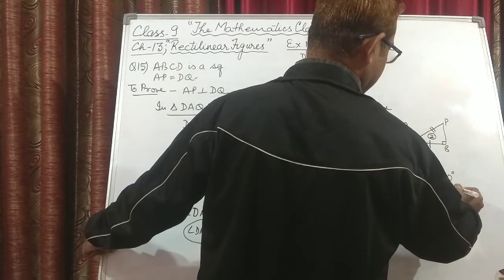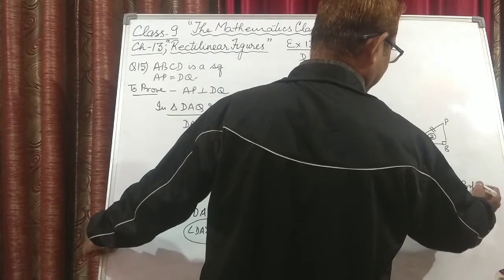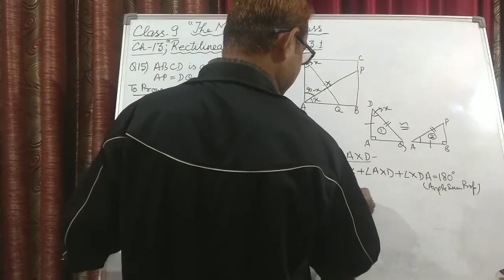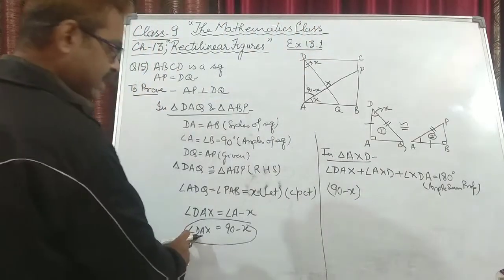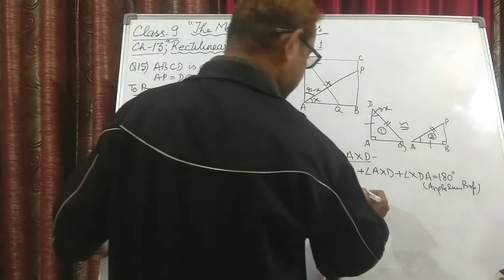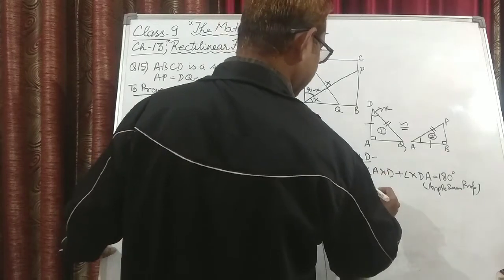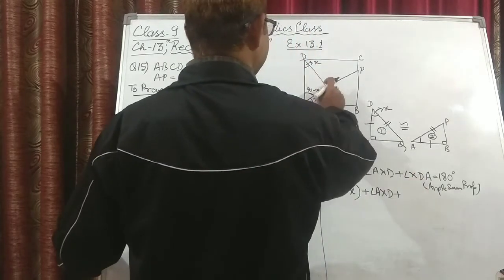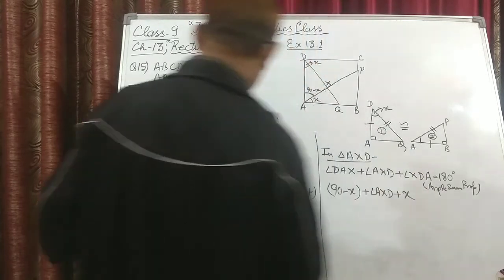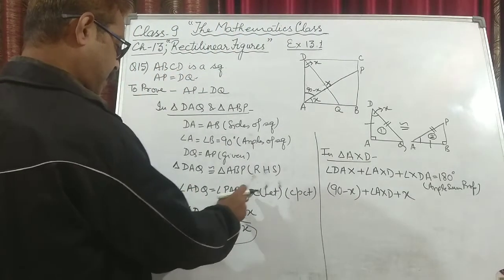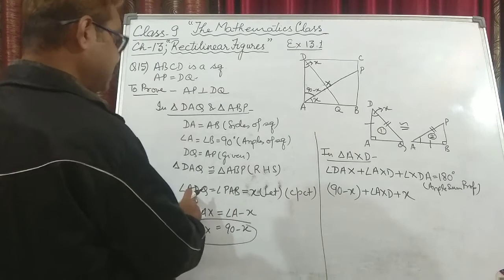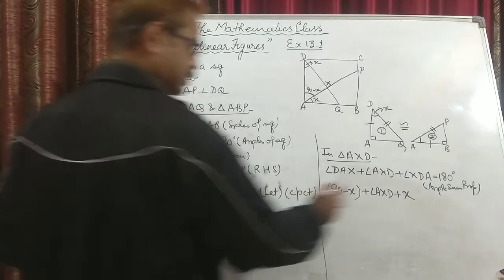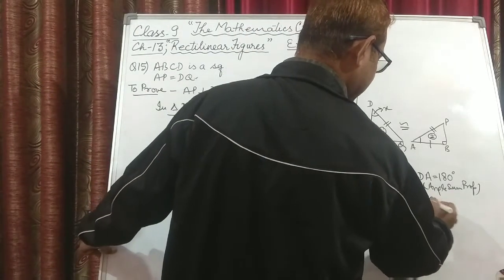Angle sum property. Now angle DAX is given as 90 minus X, so this we have calculated. Angle DAX is equal to 90 minus X, plus angle AXD, which we have to find out, plus angle XDA. Angle XDA we have already assumed as X. You can see this angle D, ADQ, either you say ADQ or you say ADX. So this is equal to X.